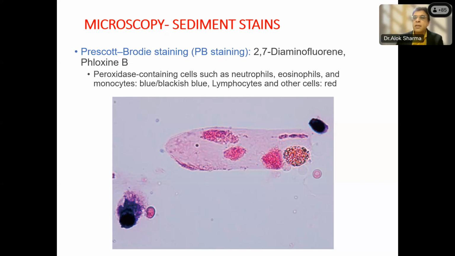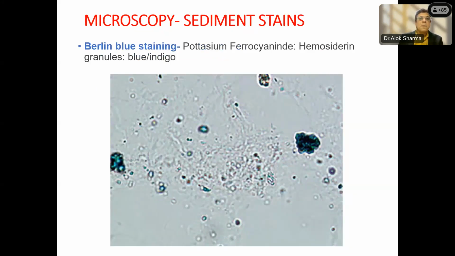So I've told you the S stain, the SM stain, the PB stain, a lot of stains which are available for staining the urinary sediment. Now, I spoke about one of the clinical scenarios when I was giving you an example of how to choose the stains for clinical conditions. If you are suspecting iron or hemosiderin, you can use a Berlin blue stain.